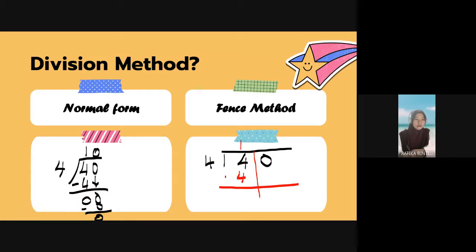Okay, 4 minus 0. Bezanya, in fence method, you bring up 0 here kan. So 0, 0, 0, 0 minus 0. Okay, the answer is 10. Okay, ini division saja sebab awak dah belajar how to do division in normal form and also fence method. Dah belajar kan? Okay, so next.